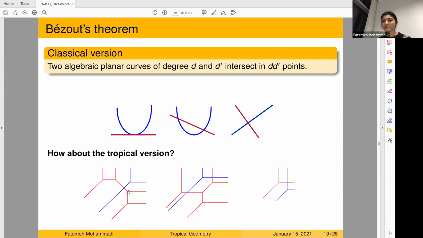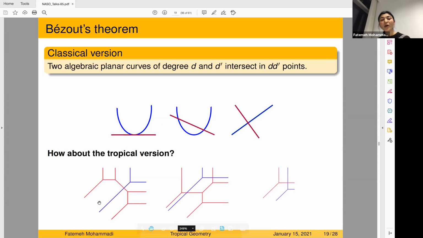I had a question, I put it in the chat. My question was just that on the left, you have a non-generic setting, right? So you have a parabola with a line that just intersects once. Do you see any indication of that non-genericity in the tropical curve? Can you tell that it comes from a non-generic situation? Oh, you mean here? What do we mean by non-generic situation? Maybe I'm wrong, but I was assuming that this would be non-generic because the line intersects the parabola just once, right?